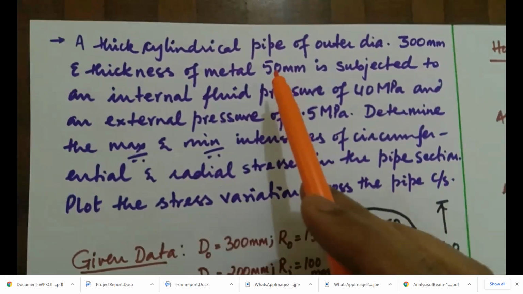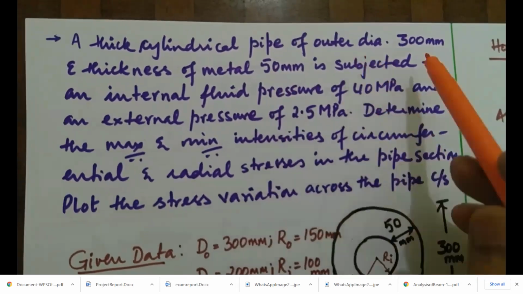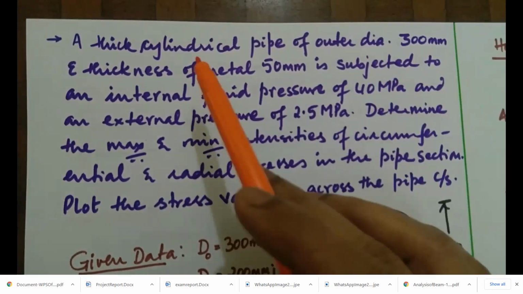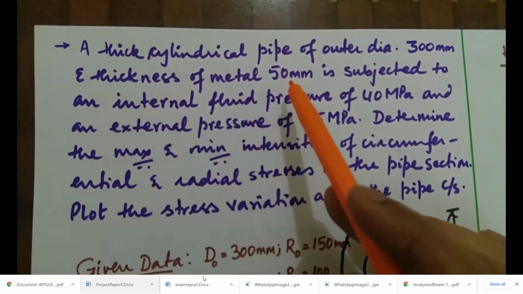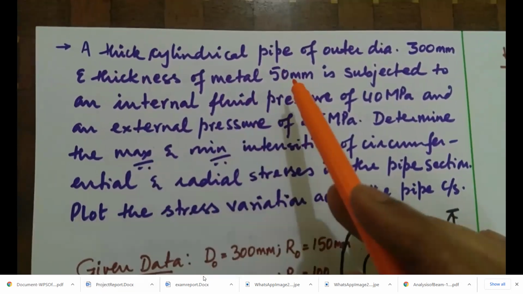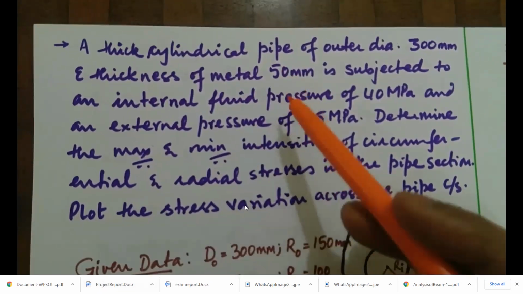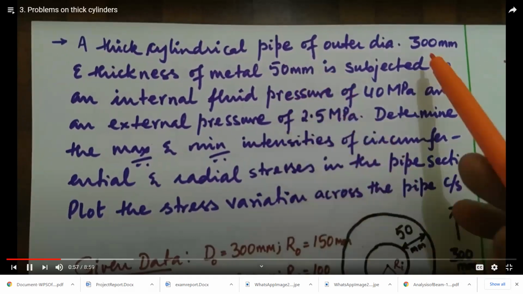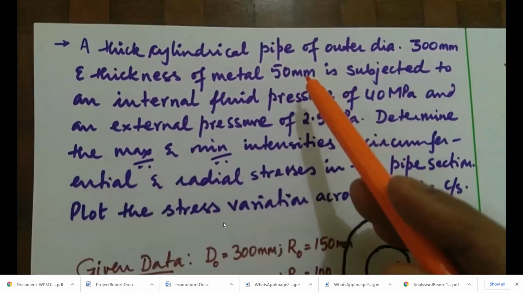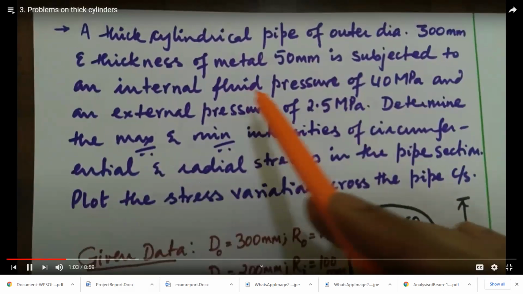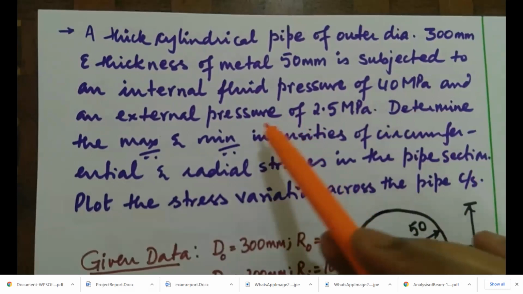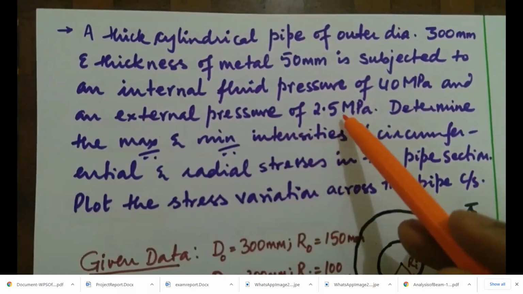If you look at the given data, we have been given the outer diameter of the thick cylindrical pipe, and the metal thickness is given. If you subtract 2 times the metal thickness, the outer diameter is 300 and the inner diameter would be 200 millimeters. There is an internal fluid pressure of 40 megapascal and an external fluid pressure of 2.5 megapascal.